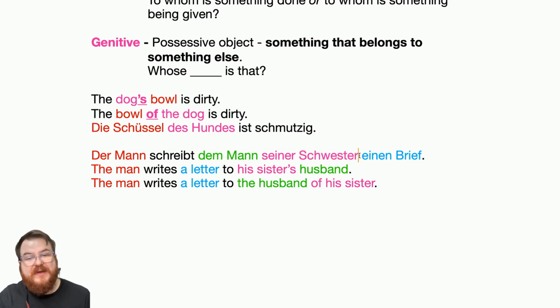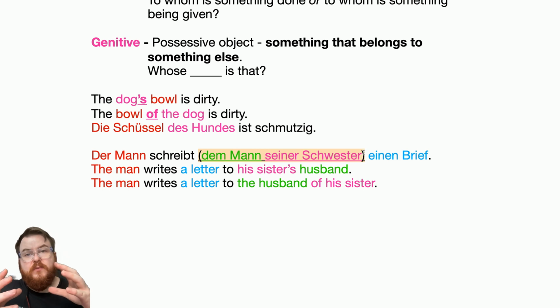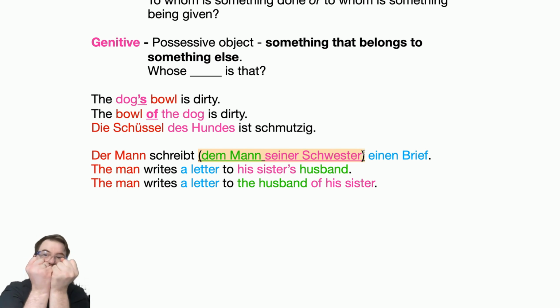But actually, what we have to do is to think of this as one unit. And what I mean by that is that it's stuck together. This is one unit right here. So the genitive has to come directly after the thing where the connection is. So basically, it's 2 nouns together with a genitive word in the middle.